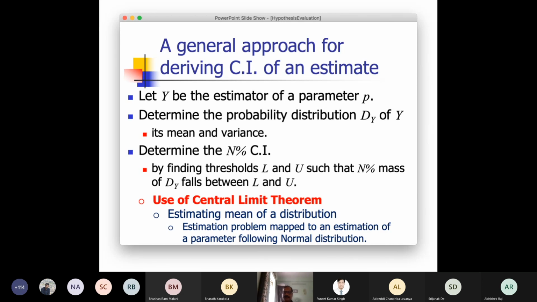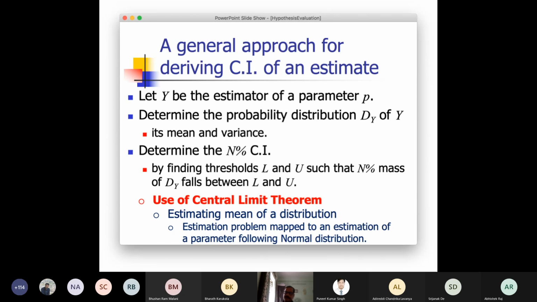That is the central limit theorem. If you have more samples, it tends more towards an ideal normal distribution, with certain variance and mean.